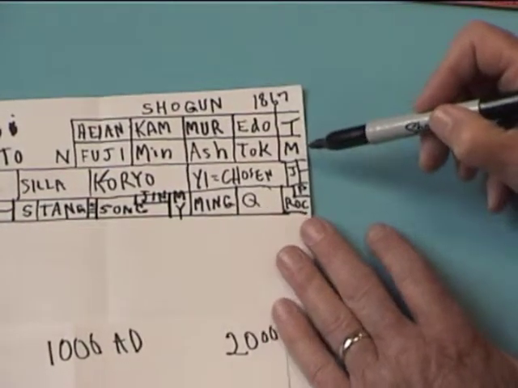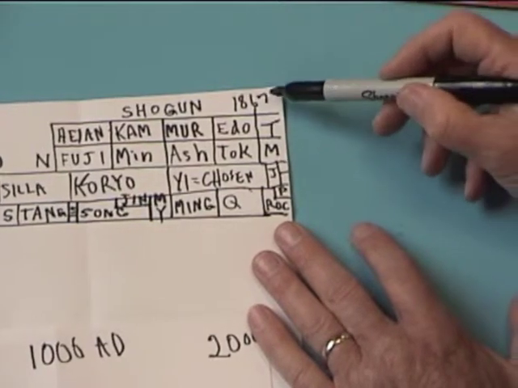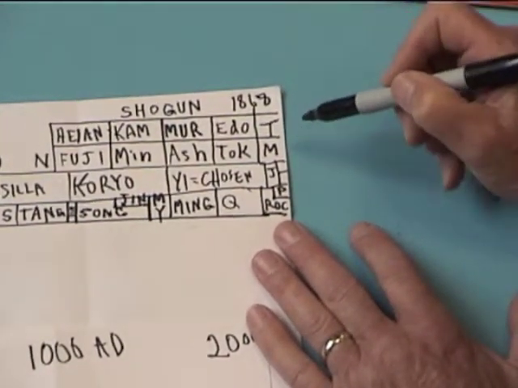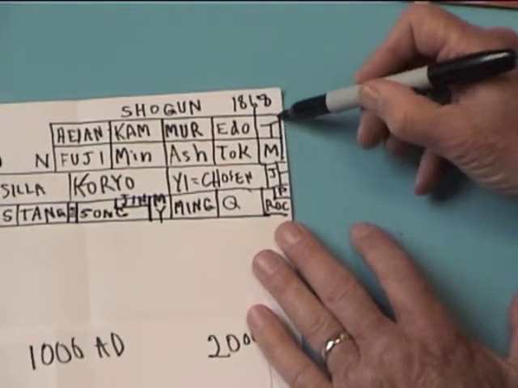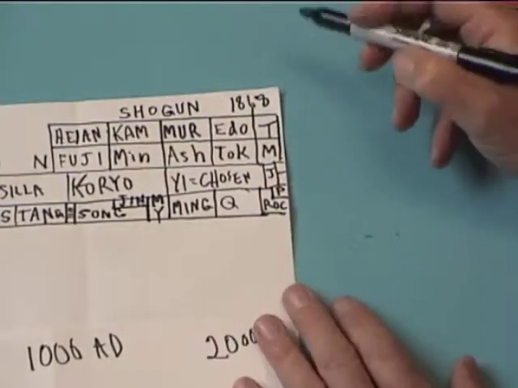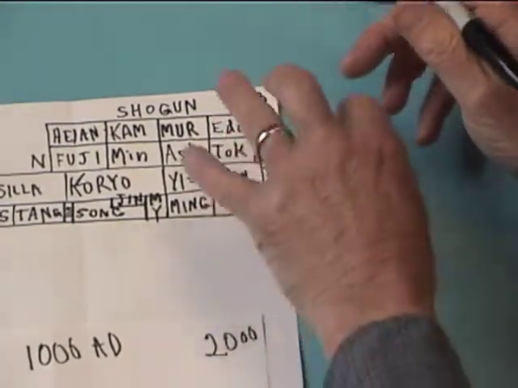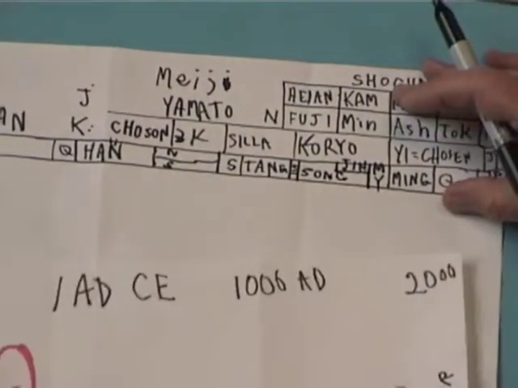The Meiji era lasted for the lifetime of that emperor, all the way from 1868 all the way to 1911. And then we continue from there, which we won't draw on the map, with the more recent history of Japan.